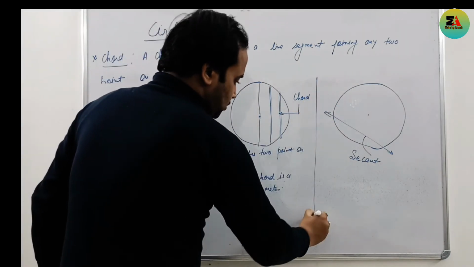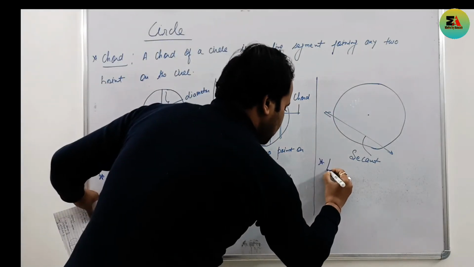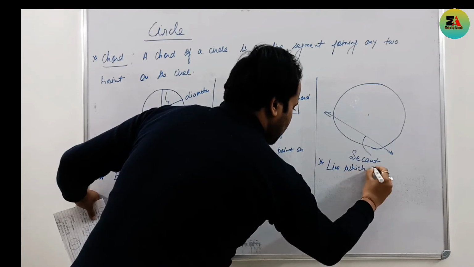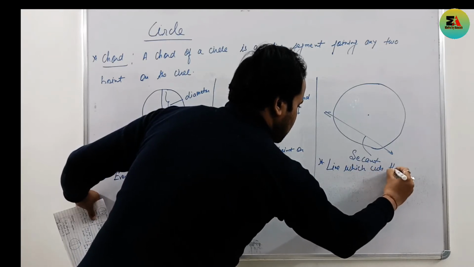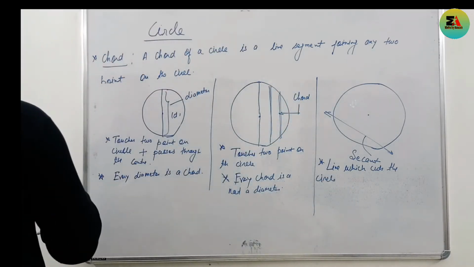Now next we talk about secant. A line which cuts the circle.